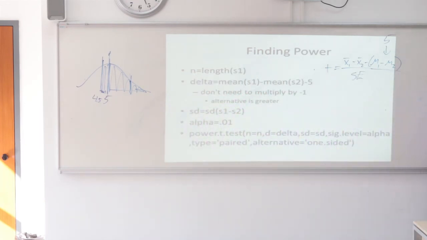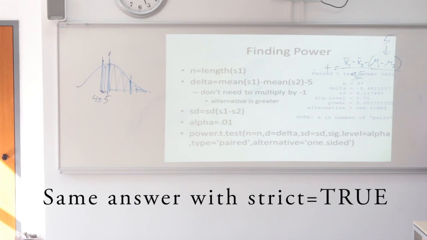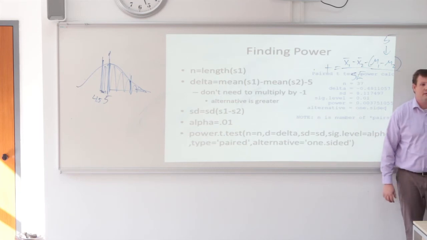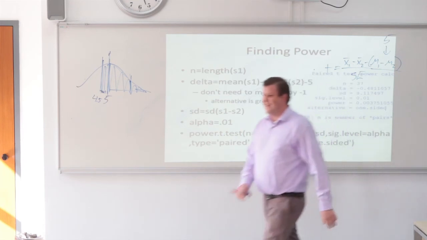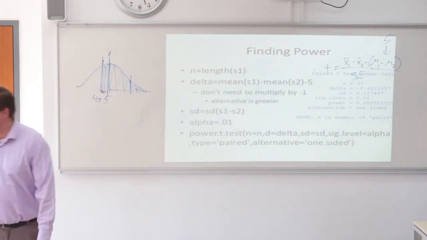So what do you get? Very little power. Very small power, right? So 0.00375, no. 0.01, 0.239, 0.0329. What did you get?